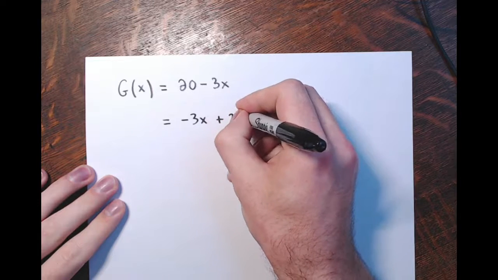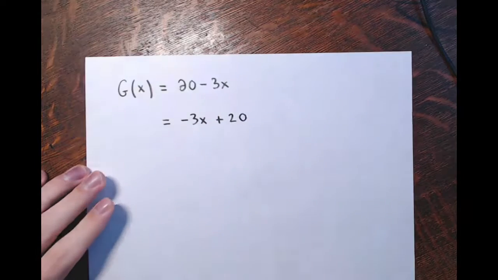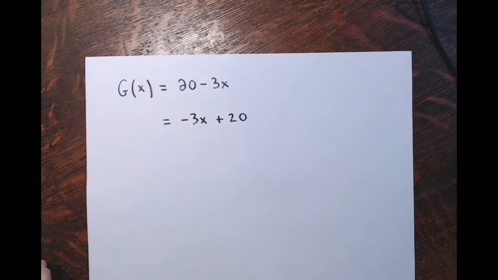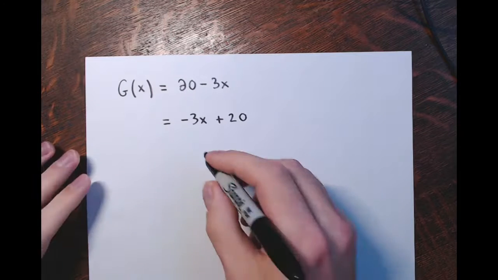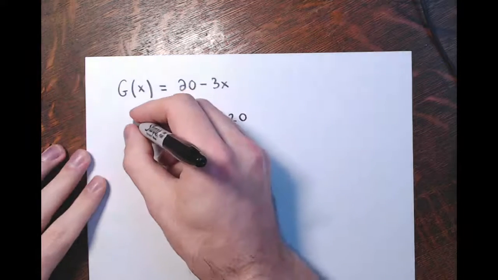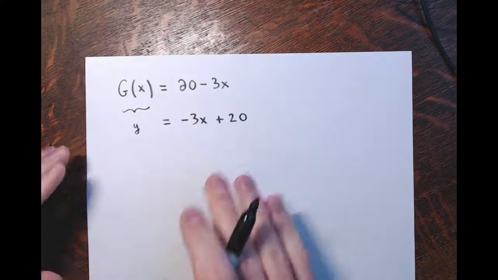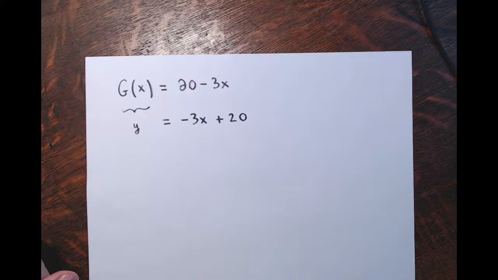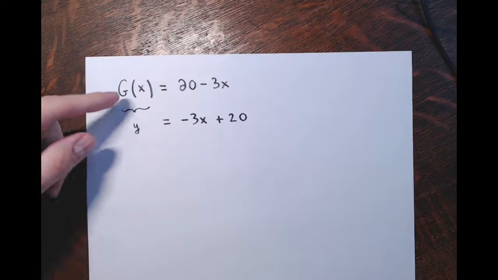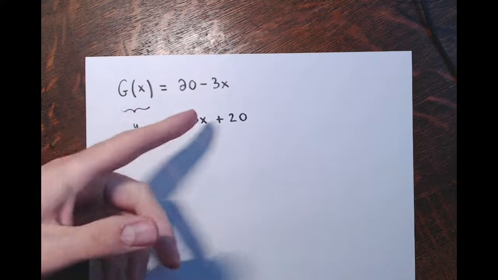Right? If you like it in this order, with the x term first. So what I'm seeing here is, it's in that form, and you can call this the y if you want, and look at it this way, y equals, but it's the same as g. G is the output, y is the output, and x is my input.